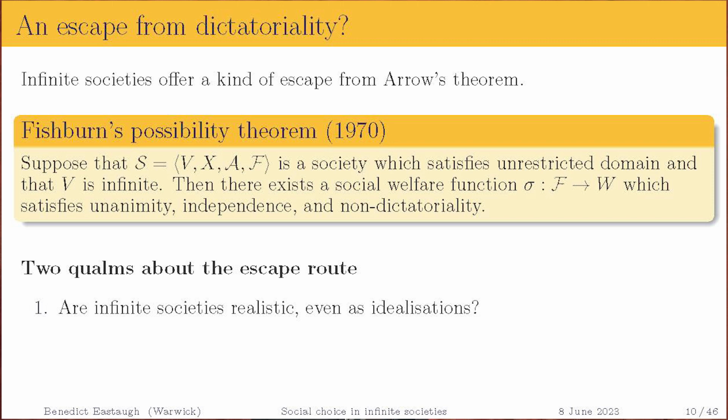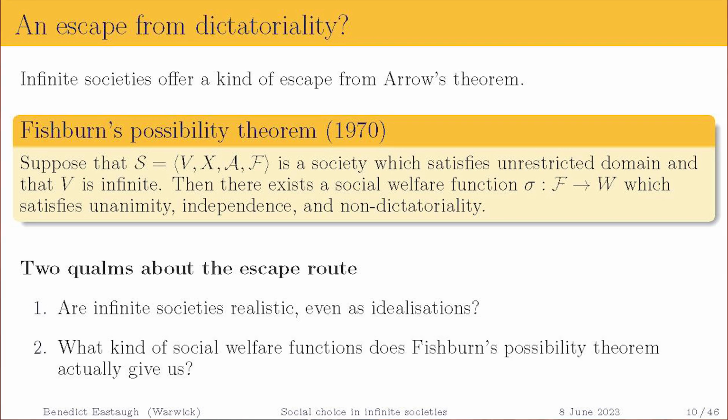Are they helpful to people in the social sciences as some kind of modeling tool, or as some way of understanding normative questions, for example, about societies which extend into the future? And then secondly, okay, Fishburn's possibility theorem says, yes, you get this social welfare function. You can satisfy all of these conditions simultaneously, but how do we do it? Does it do it in a way that's actually at all useful? So I'm going to start with the first.